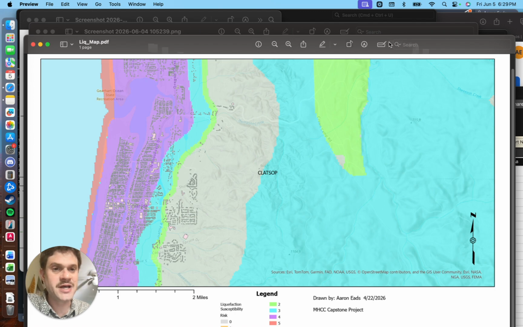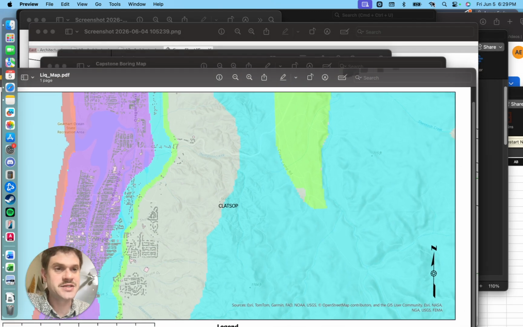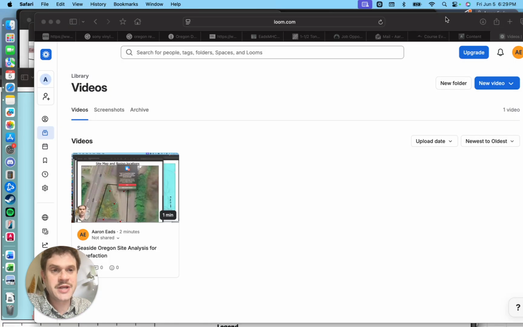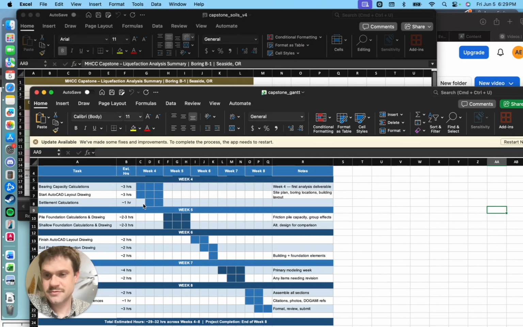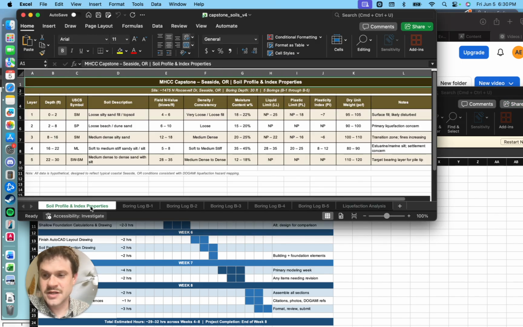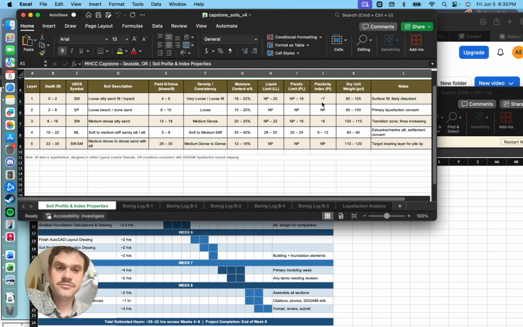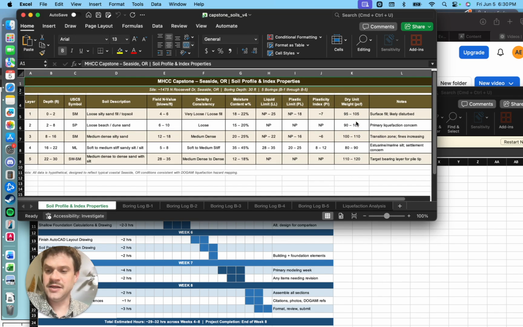So after I did my GIS analysis, I went into the soil analysis, and that was really figuring out what the soil at the different depths was, to find out exactly the density and type of soil, to figure out what kind of foundation you would use.